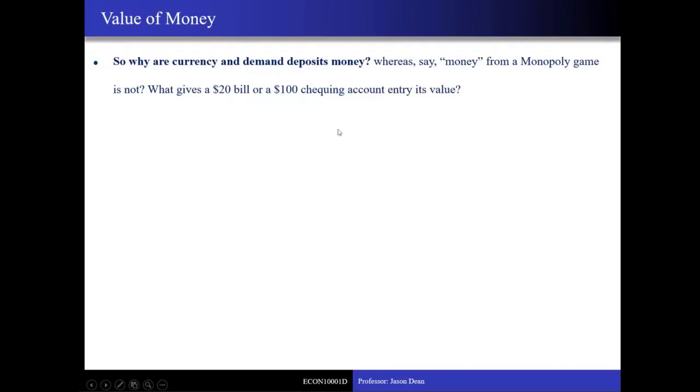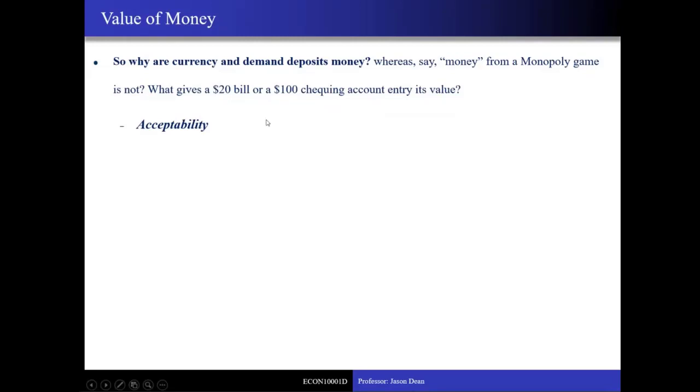Well, the main idea is acceptability. And so this is actually the most important characteristic of money. So don't confuse the functions and characteristics. This is a characteristic. So despite any of the other characteristics that we'll learn shortly, if this one doesn't hold, then it's not money. In order for something to be money, any object, it has to be generally accepted by everyone.